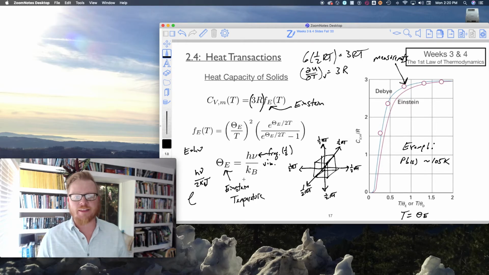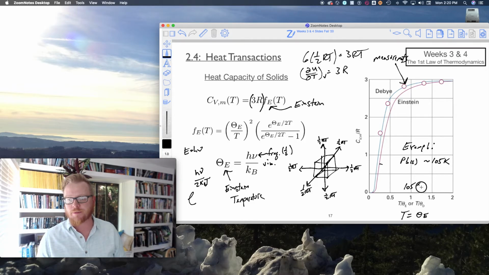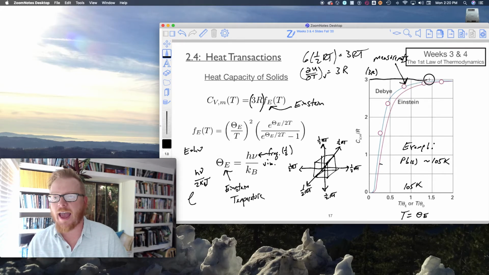If we go and calculate that, each solid has its own Einstein temperature because the vibration in its lattice is unique. So for lead, this would occur around about 105 Kelvin. If I follow this up here, this scale is C_V divided by R, so that's 1R, 2R, and I'll put in parentheses, 3R is the top of this line.